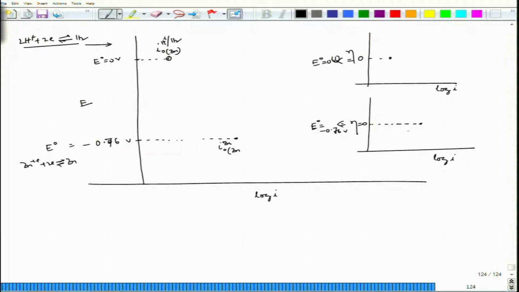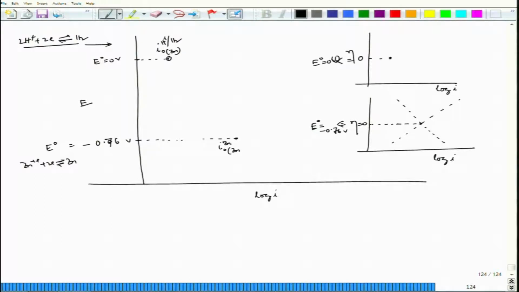They would have their own cathodic and anodic polarization plot, and let us say that we are in the activation polarization regime, that means in the low current region, because concentration polarization starts at a very high current density.